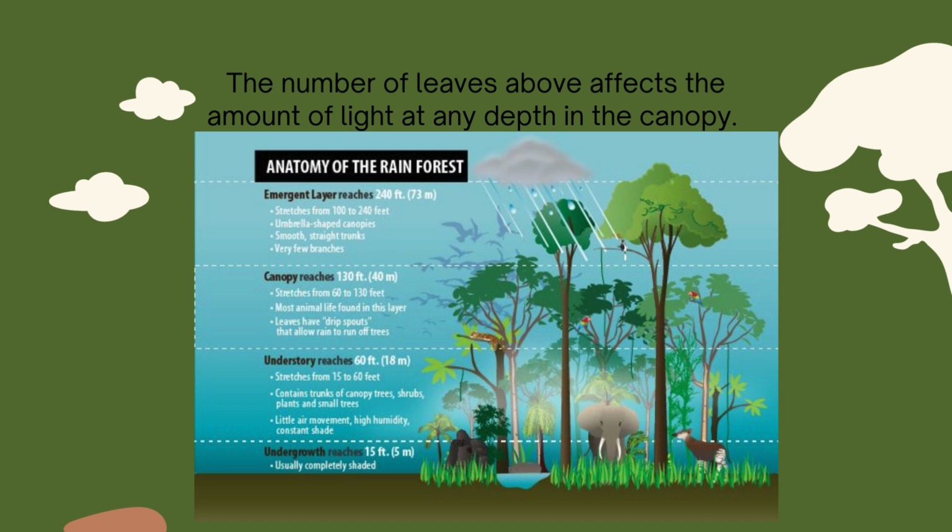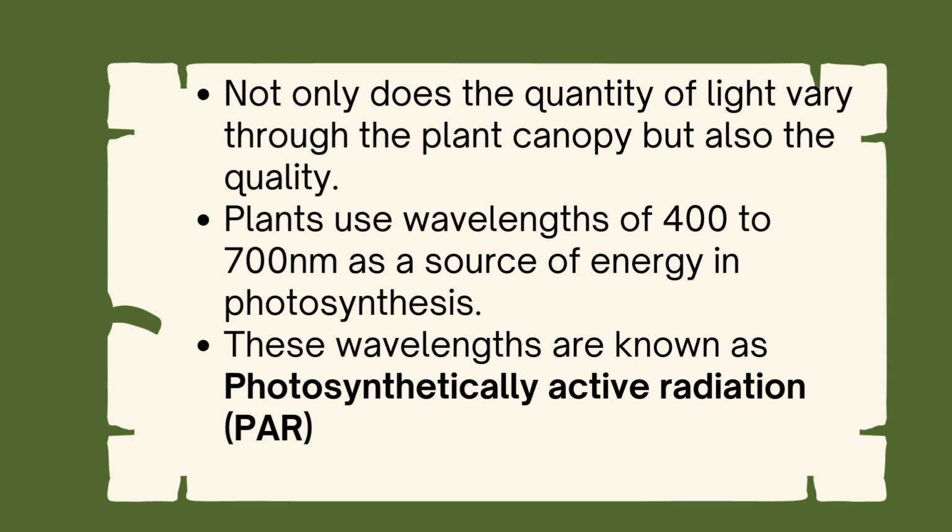Beer's law describes the general relationship between available light and LAI. Not only does the quantity of light vary through the plant canopy, but also the quality. Plants use wavelengths of 400 to 700 nm as a source of energy in photosynthesis. These wavelengths are known as photosynthetically active radiation, PAR.